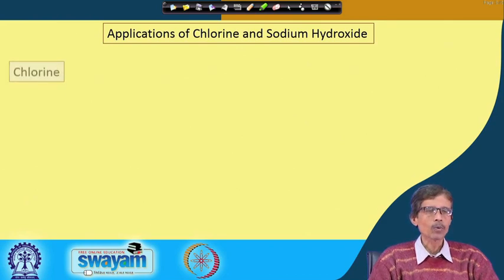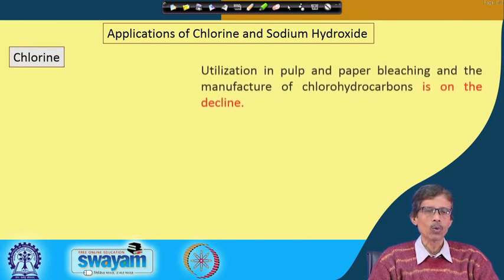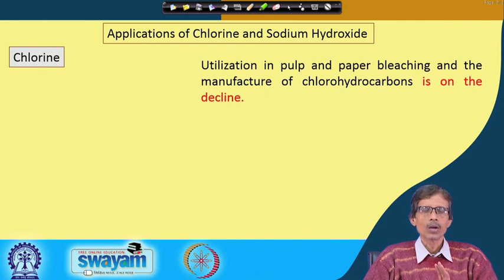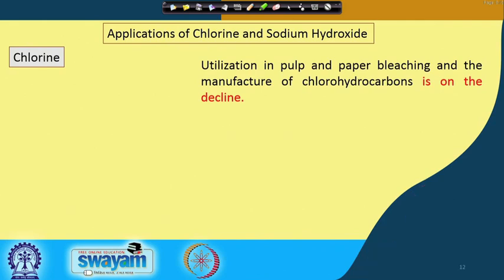So, the application of chlorine, the first one. Chlorine, as we know, is a very good oxidizing agent, and its corresponding oxidation potential is also very high, which is 1.35 volt.